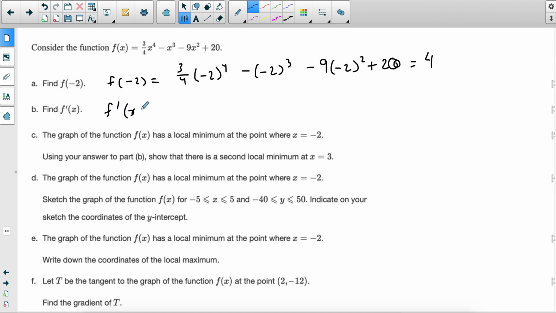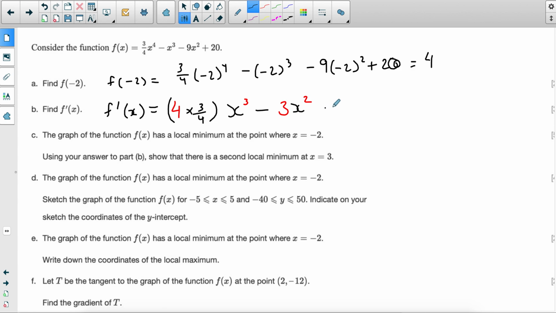So f prime of x, I'm going to take the power multiplied by the coefficient, so that's 4 times 3/4. And this will be x to the power of, we reduce the power, so it's going to be 3. And then minus, well, 3 is being multiplied by -1 here as the coefficient, so it's just going to be 3x to the power of 2.